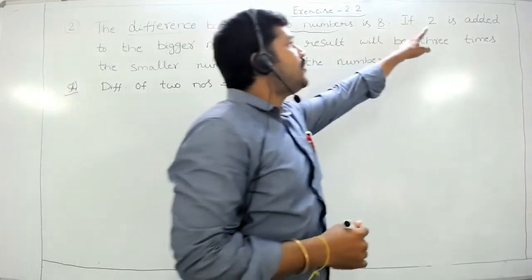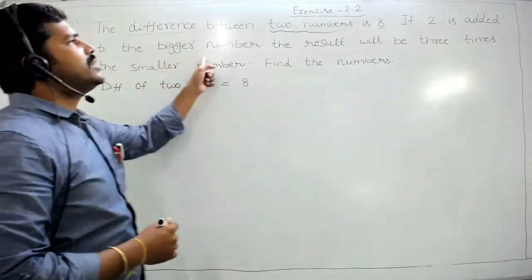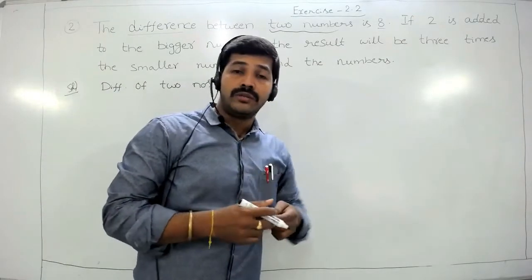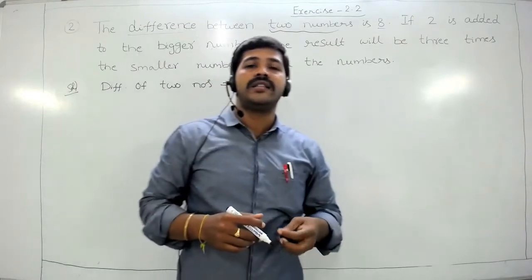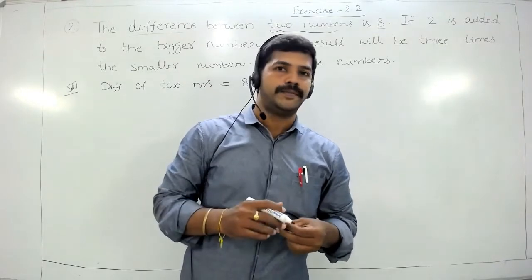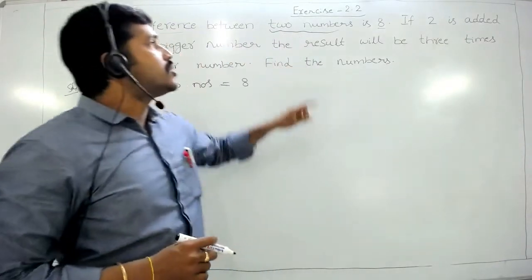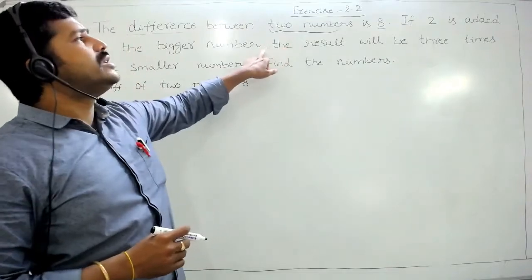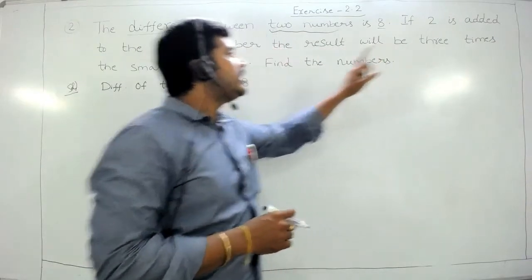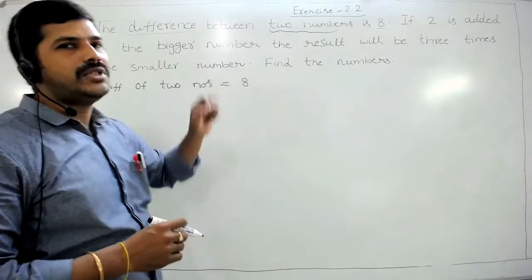Now, if 2 is added to the bigger number, so among these two numbers, one is bigger and the other is smaller, then after adding 2 to the bigger number, the result will be 3 times the smaller number.